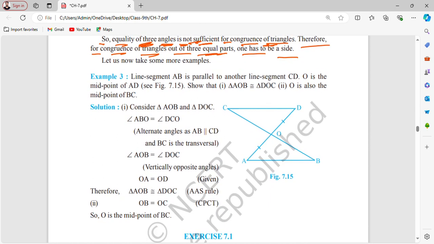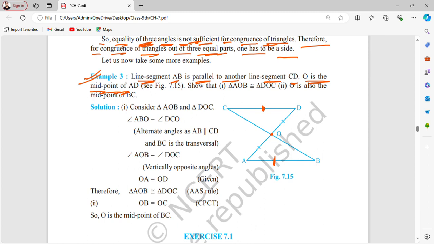Now let us understand example number 3. Line segment AB is parallel to another line segment CD. This is AB, and this is another line segment CD. O is the midpoint of AD. This is point O. It is the midpoint of AD.